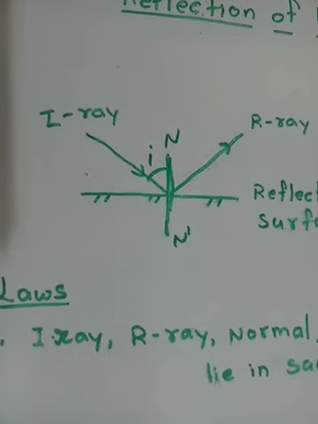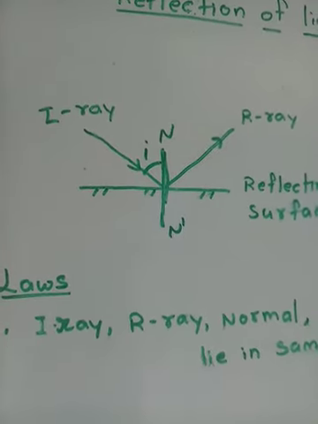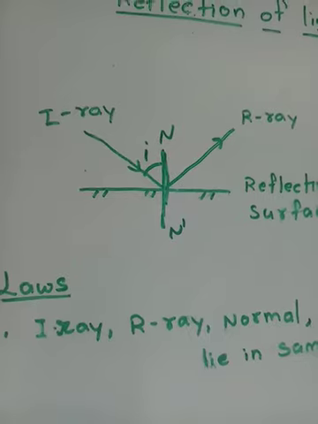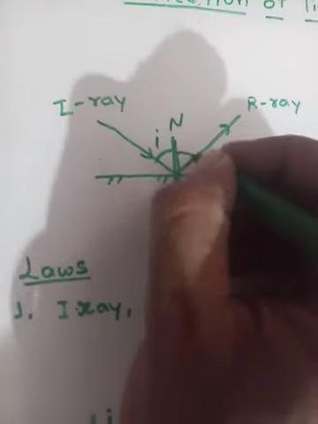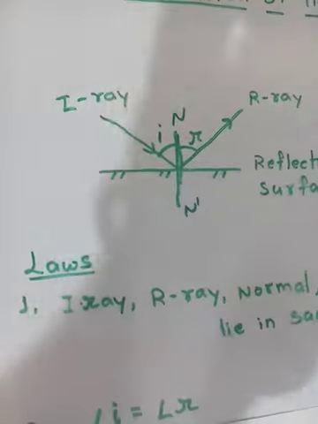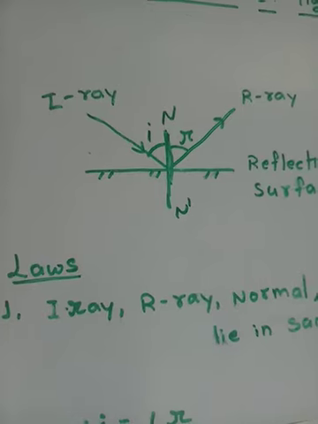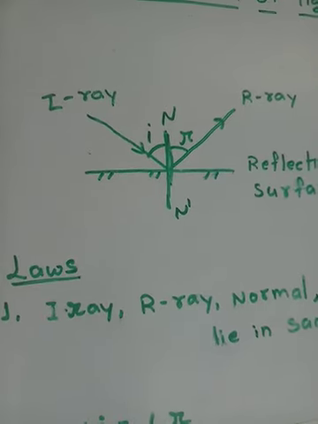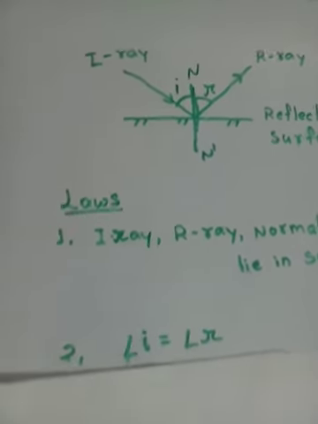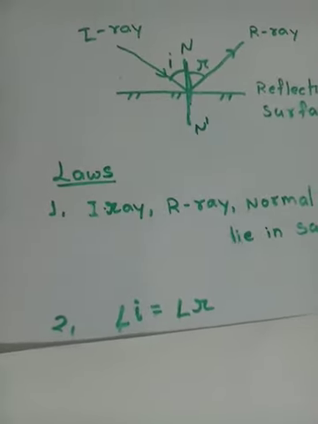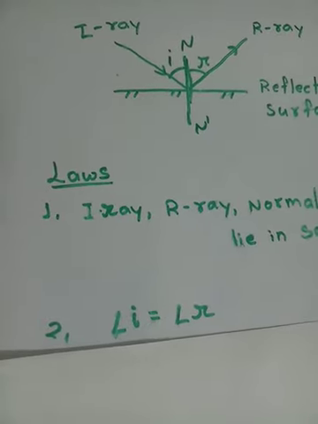It is the angle between the incident ray and the normal. The other angle I am drawing now is angle r, the angle between the normal and the reflected ray. The second law says both angles are always equal.